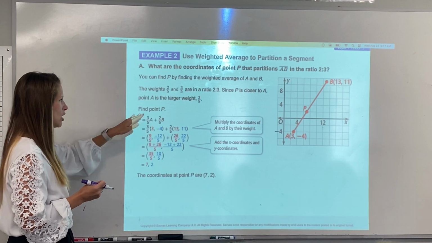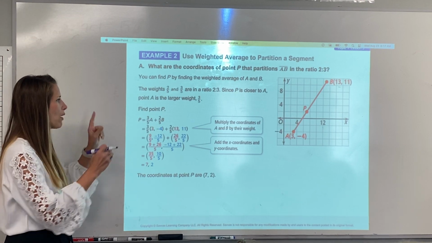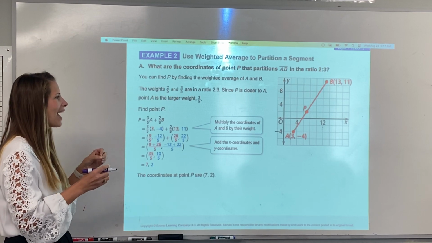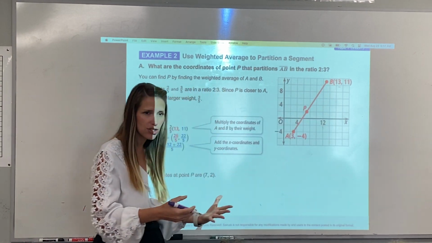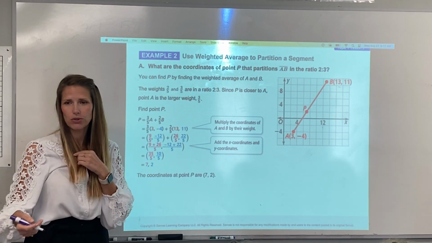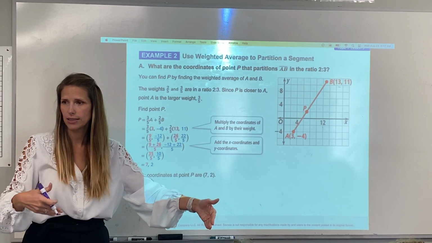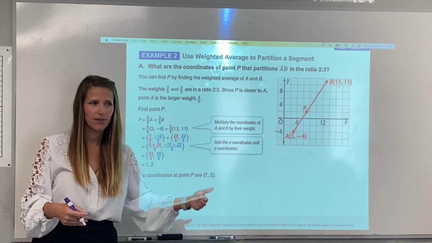So, to find point P, we're going to use our weights, 2/5 and 3/5, and our coordinate pairs. Yesterday, we had pretty easy values, right? One value was 2 and one value was 10. We multiplied the 2 times its weight. We multiplied the 10 times its weight.